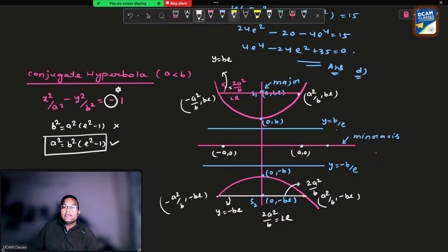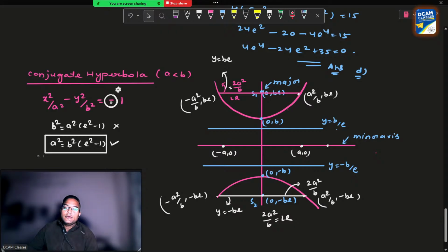Actually, in the ellipse, if you remember, in the conjugate ellipse, we used to do everything same. We just focused on converting a as b in this equation. b square is equal to a square into 1 minus e square, as a square is equal to b square into 1 minus e square. But here we have to convert a and b in this equation, this part.